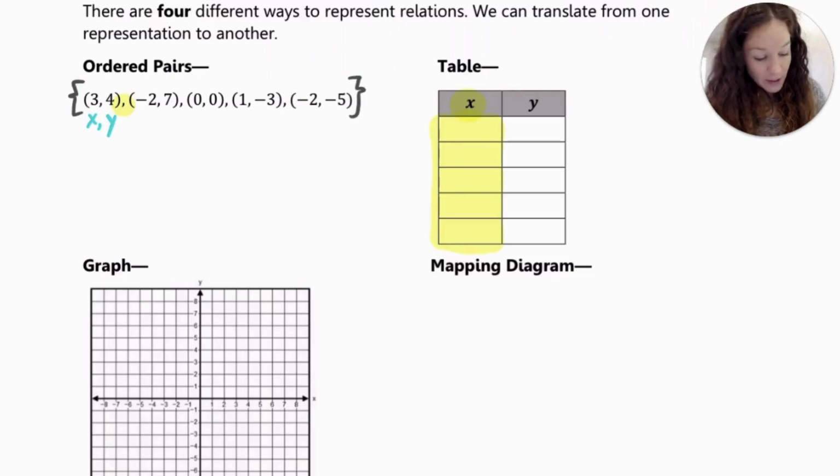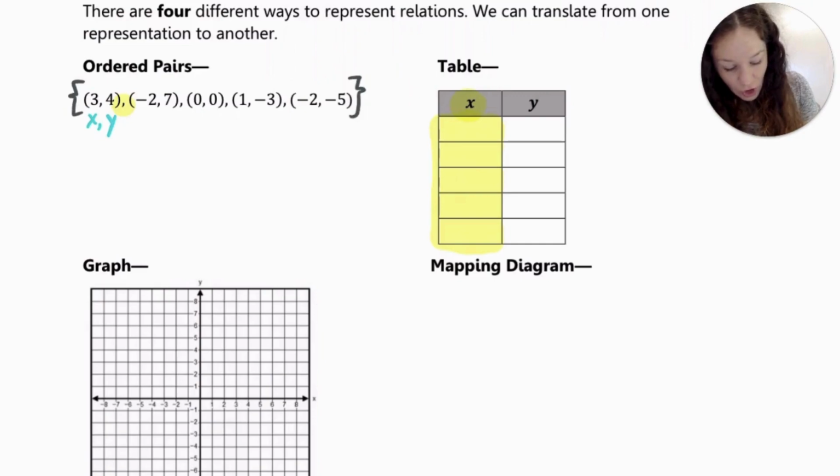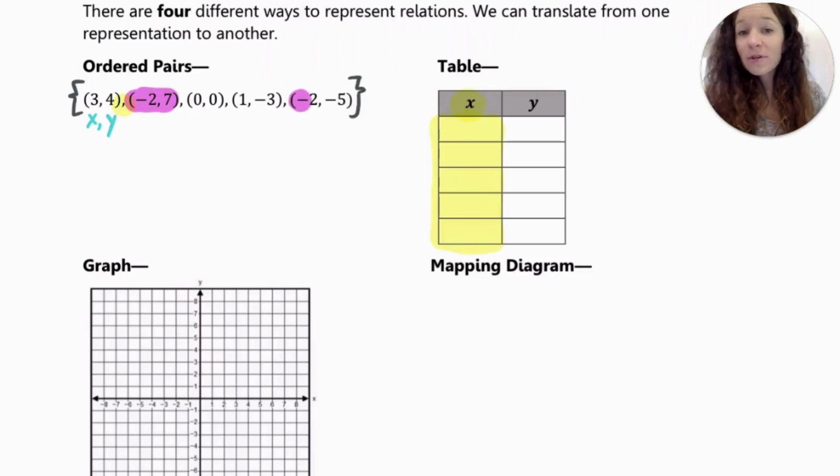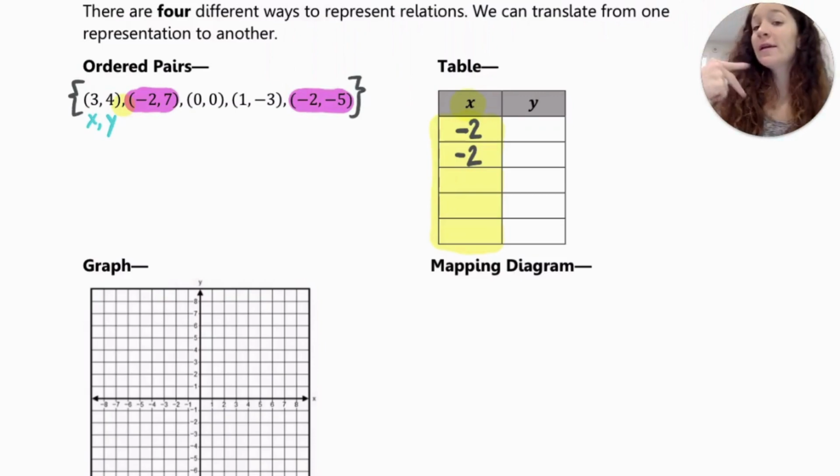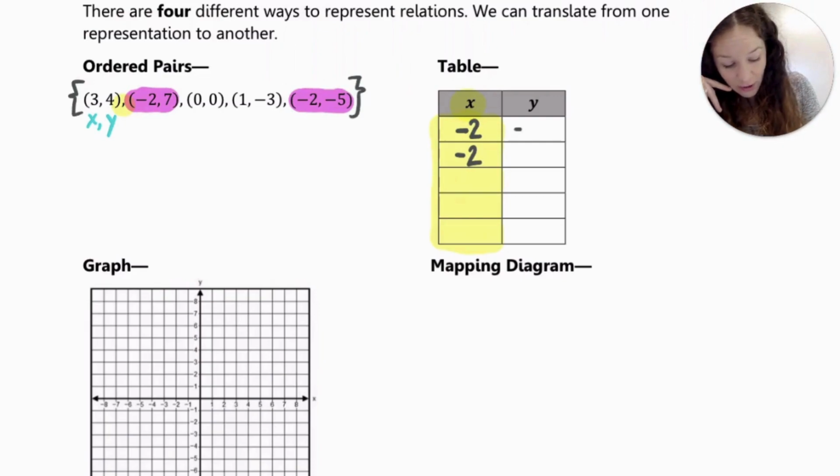So I'm going to put -2 for the first 2 values, and now to know what I need to put next for its Y, once again it is preference, but I will say, okay, since there are 2 -2s, which Y is smaller, the 7 or the -5? And in this case, the -5 is smaller, so I'm going to use that ordered pair first.